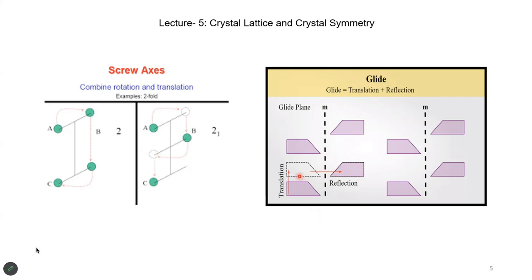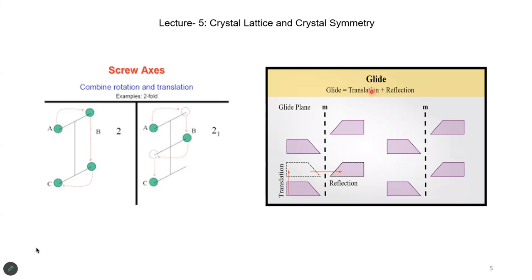So this is a translation, and then getting the object again after applying this mirror plane. So this is a glide plane, and we said we could show A glide, B glide, C glide along the cell axis, and then diamond glide, and also N glide, diagonal glide. These are the space symmetry elements we are talking about.